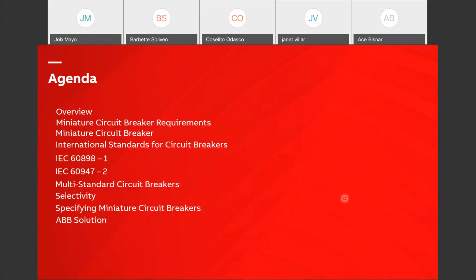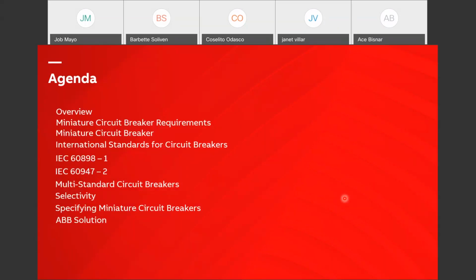So here, I've subdivided the presentation into several topics. Basically, I'd be discussing an overview, the requirements for MCBs, how an MCB functions, of course the international standards, the difference between 898-1 and 947-2, and multi-standard circuit breakers, and once we use multi-standard circuit breakers, which of the standards will we use?